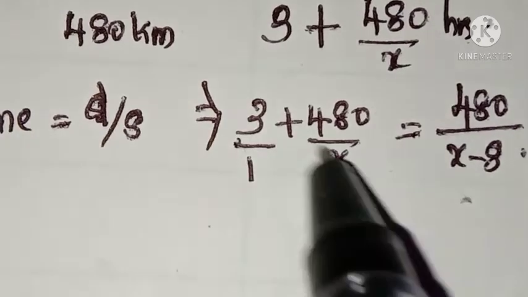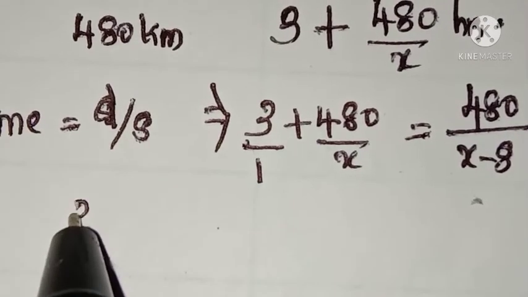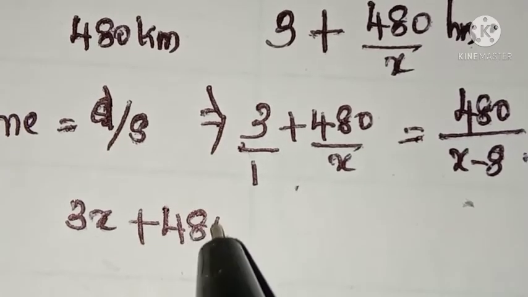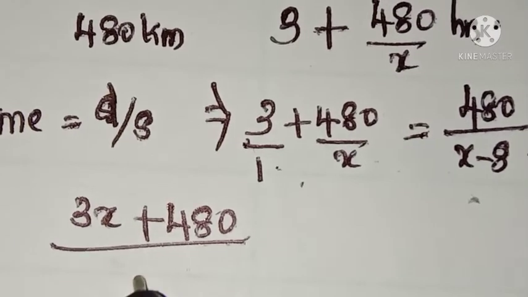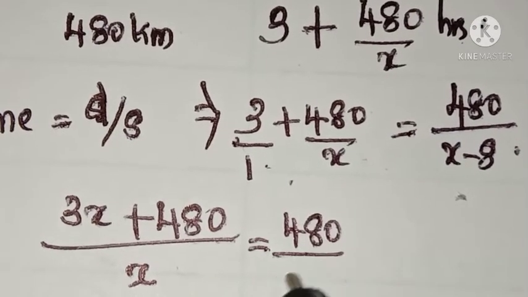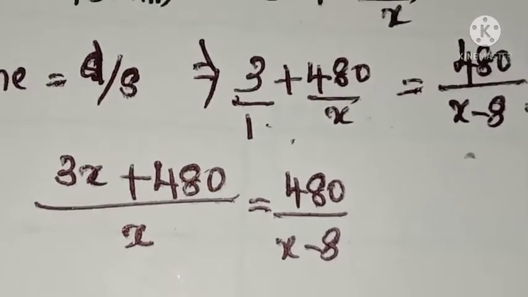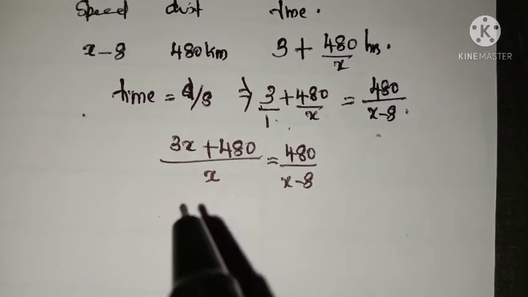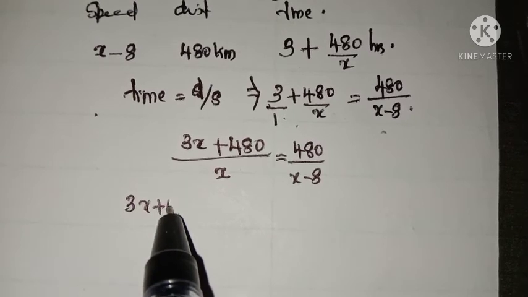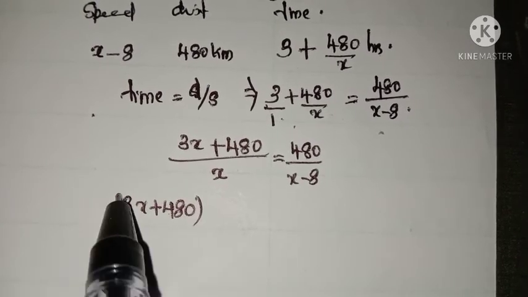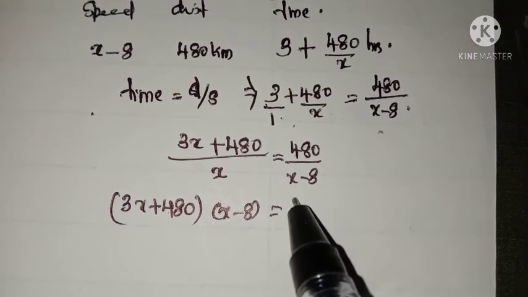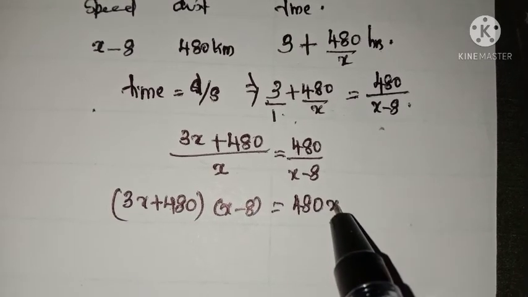Now take cross multiplication. 3 into x, 3x, plus 1 into 480, 480, by 1 into x, x, is equal to 480 by x minus 8. Now again cross multiply. 3x plus 480 into x minus 8 equal to 480 into x.